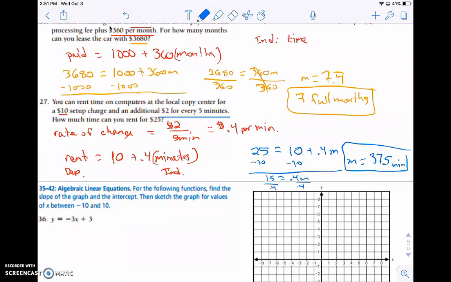So there are some places that charge, once you eclipse 5 minutes, the full $2 for every 5 minutes instead of 40 cents per minute. So that's the only place where this could break down a little bit. But still, a linear model here should work out fairly well for us.